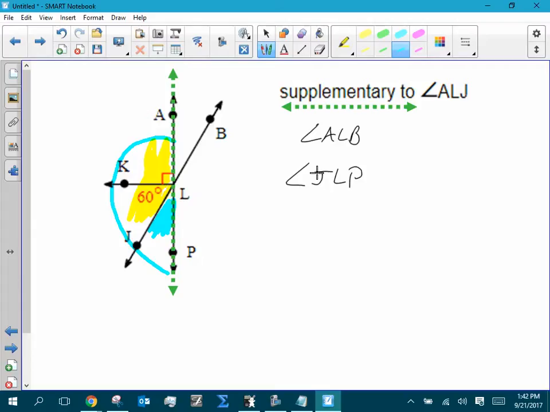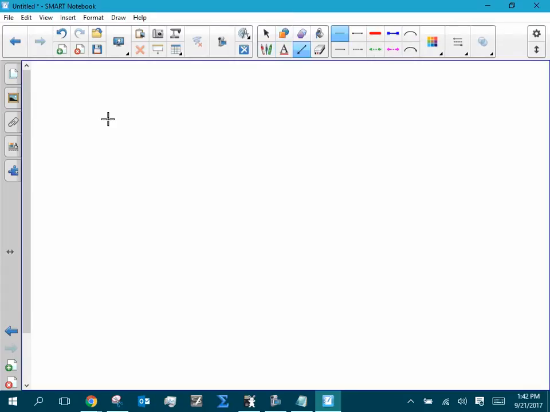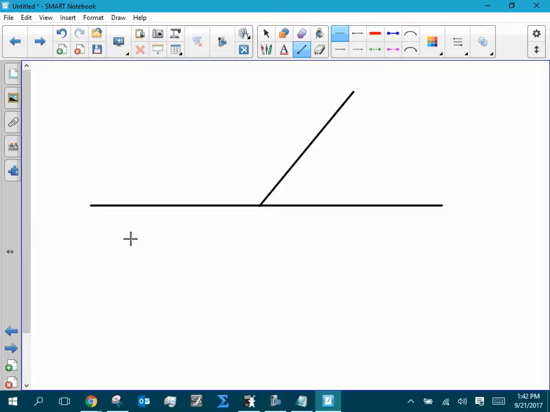Now they say supplementary here. Remember, supplementary doesn't necessarily mean that they have to be adjacent. I could have, let's say, those two angles be adjacent, right? And they together create that 180 degree angle, so they are adjacent and they're supplementary.